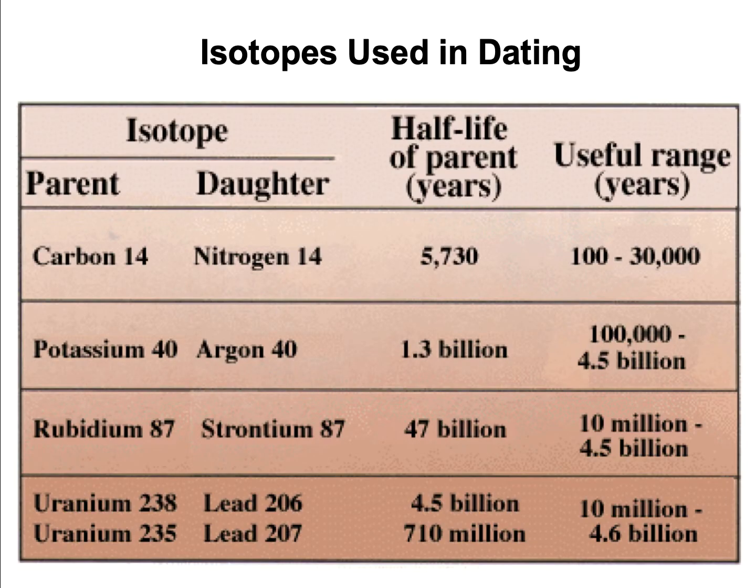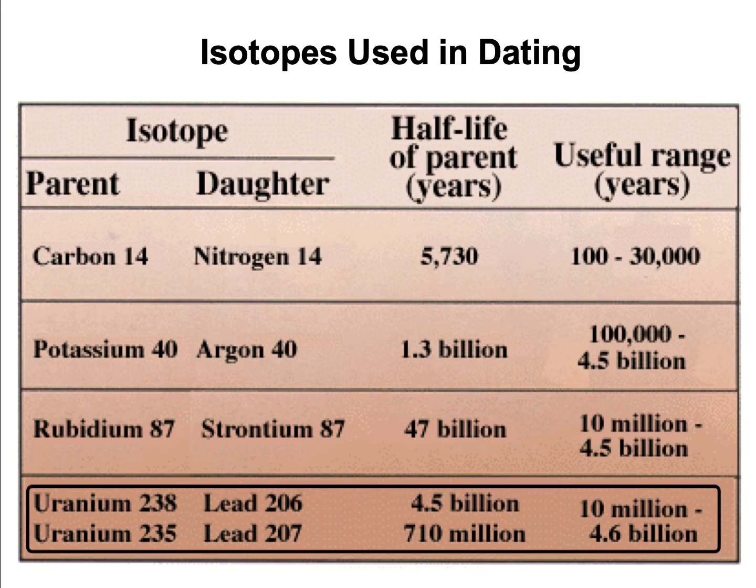By using a variety of radioactive isotopes, you can date things of different ages, so that uranium-238 and 235 are down at the bottom, and they have half-lives of 4.5 billion and 710 million years. So you can date things in the range of about 10 million to 4.6 billion years ago.